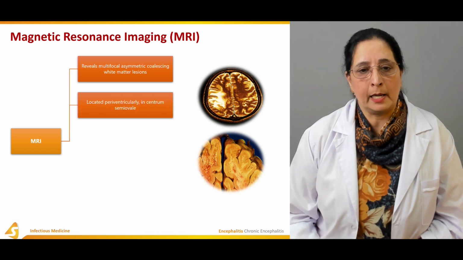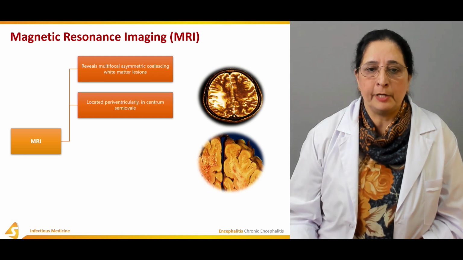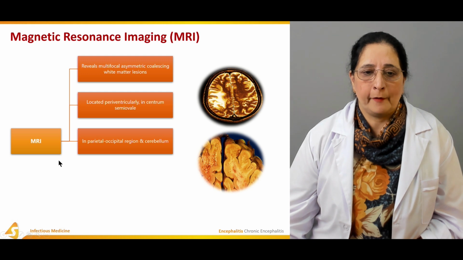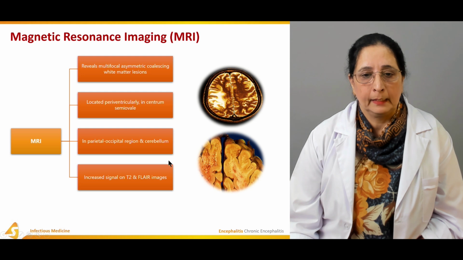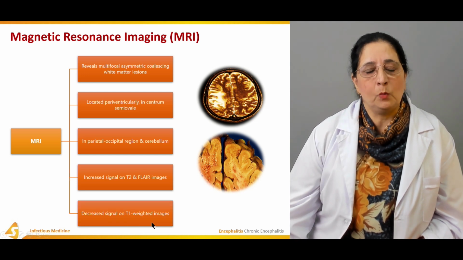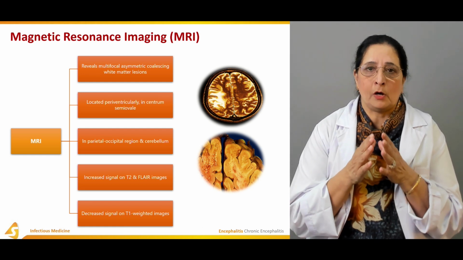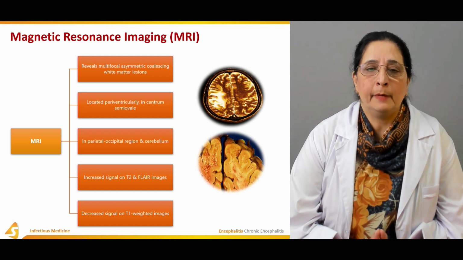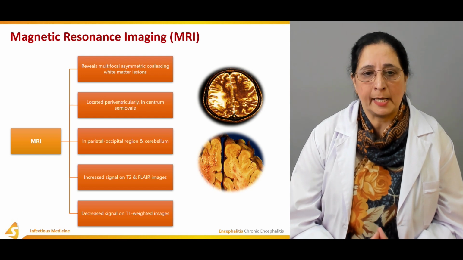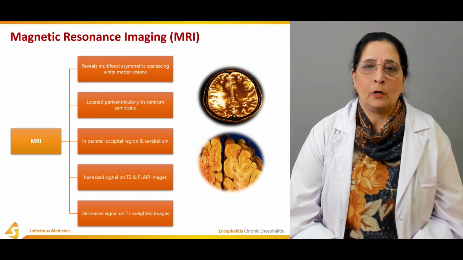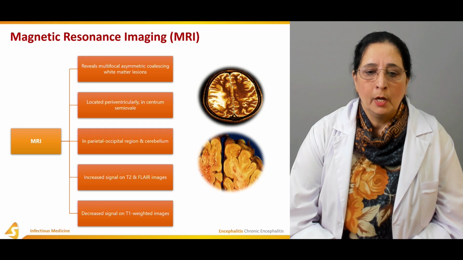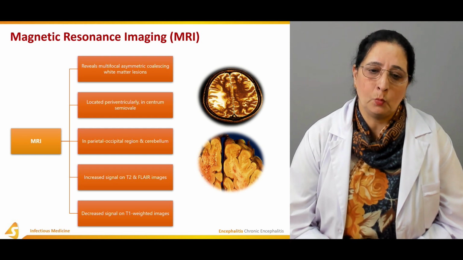They are located periventricularly, around the ventricles in the centrum semiovale, in the parietal and occipital regions and cerebellum, with increased signal on T2 and FLAIR images and decreased signal on T1-weighted images.